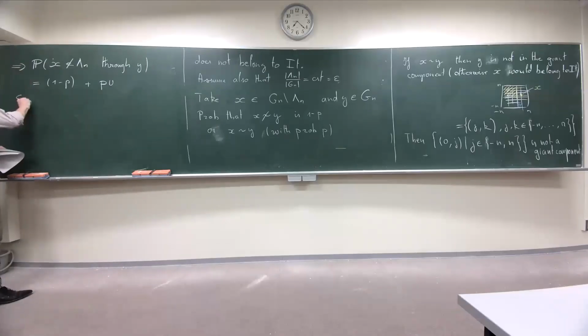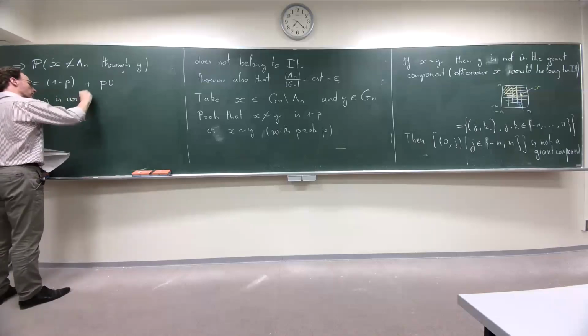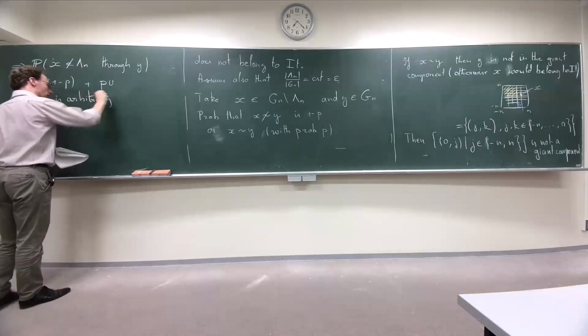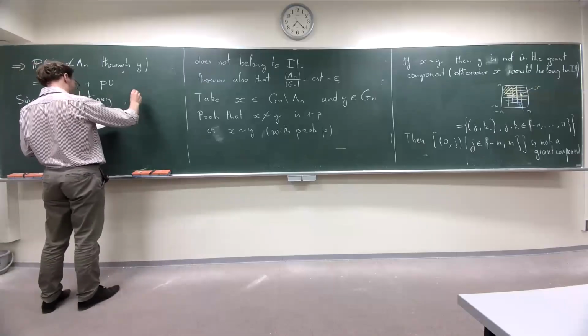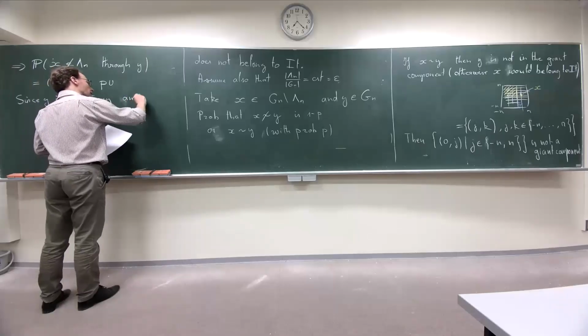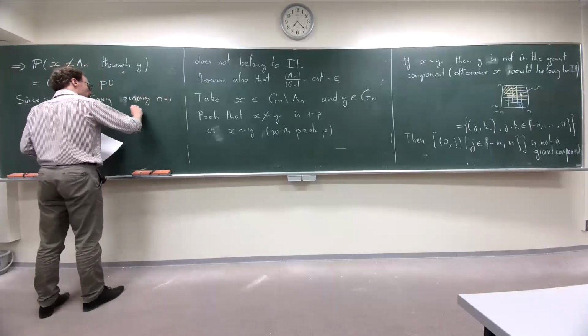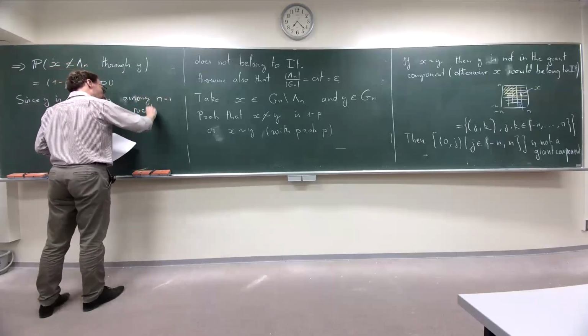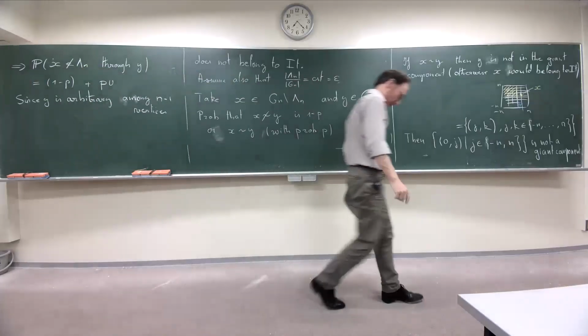Now, since Y is arbitrary among n minus 1 vertices, I'm not completely precise.